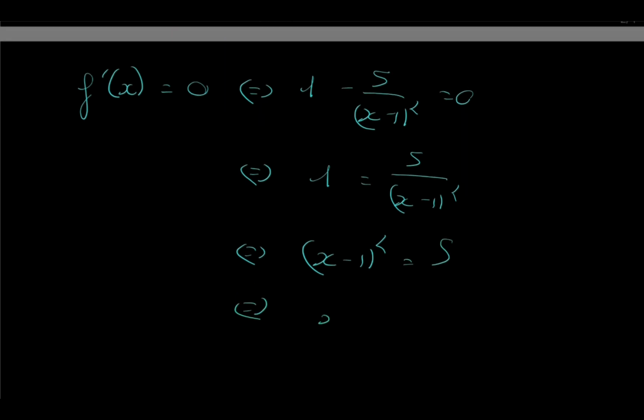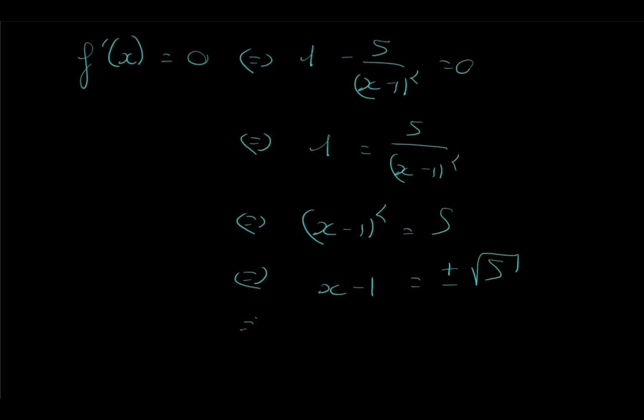This is equivalent to x minus 1 is equal to plus or minus square root of 5. And finally, x is equal to 1 plus or minus square root of 5.